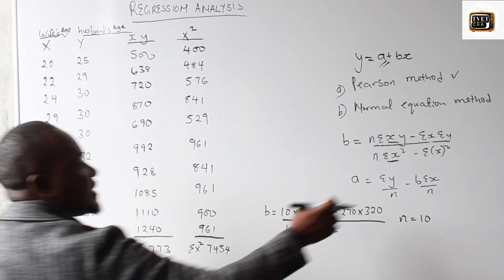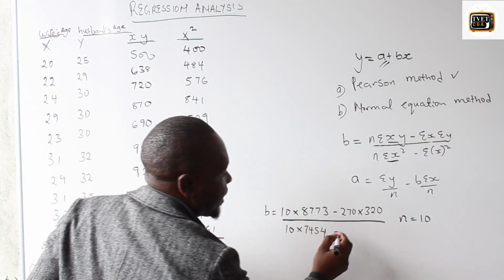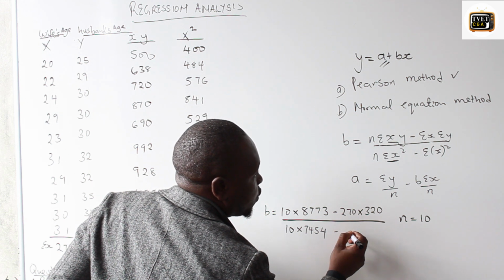Here the x is in brackets, and then you square it, which is 270 squared.